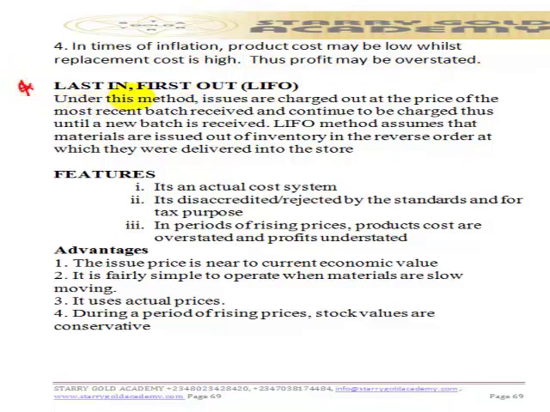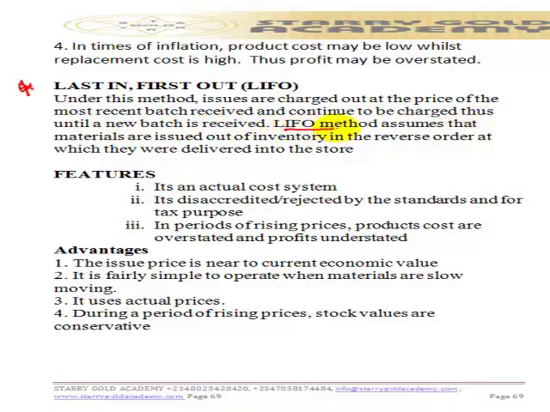Another method that we have is the last in first out method. Under this method, issues are charged out at the price of the most recent batch that is received, and continue to be charged thus until a new batch is received.